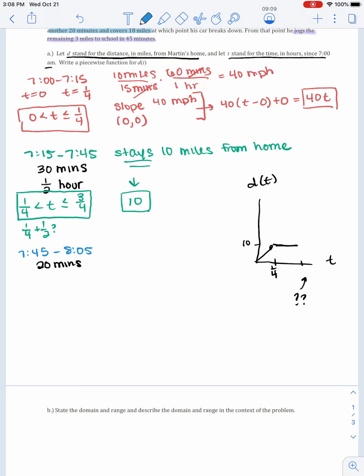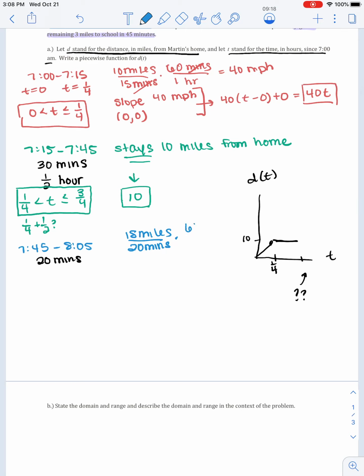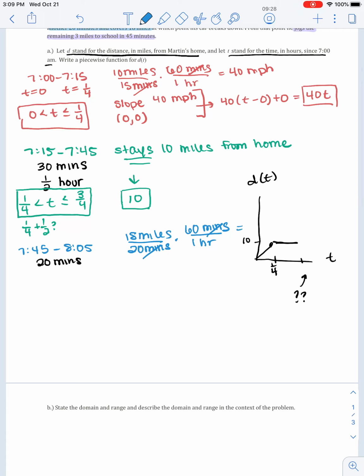So 18 miles are covered in 20 minutes. We can convert that to miles per hour by strategically multiplying by 60 minutes over 1 hour so the units of minutes cancel out. That leaves us with the rate of 54 miles per hour.